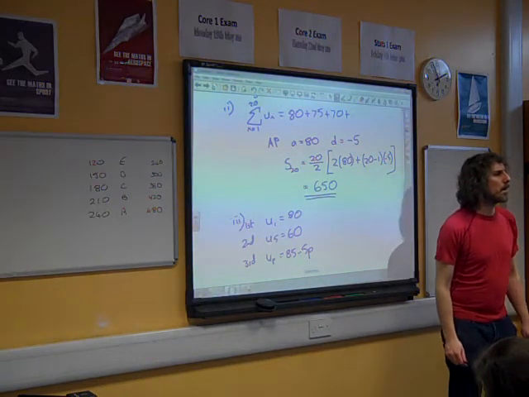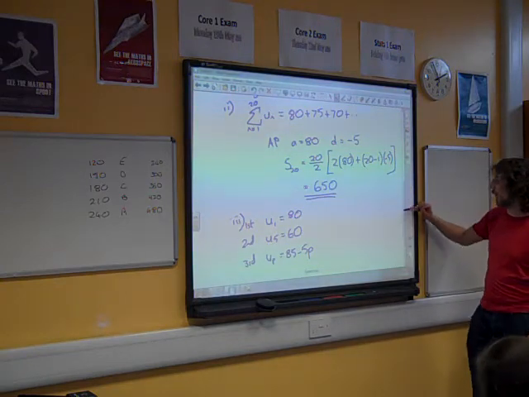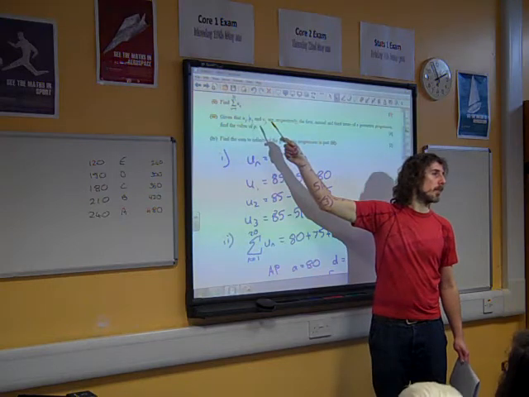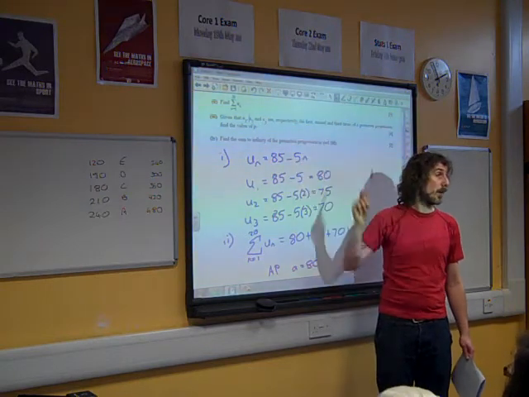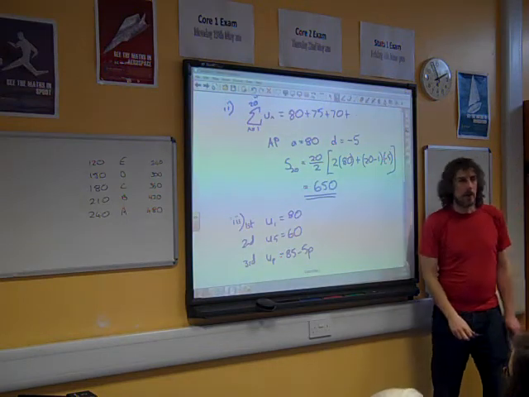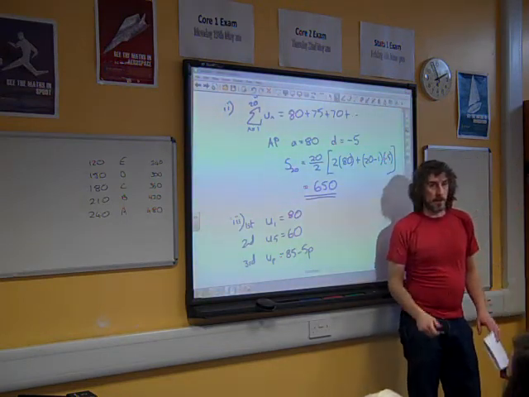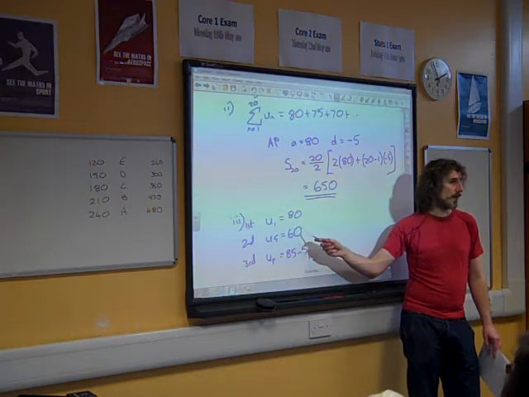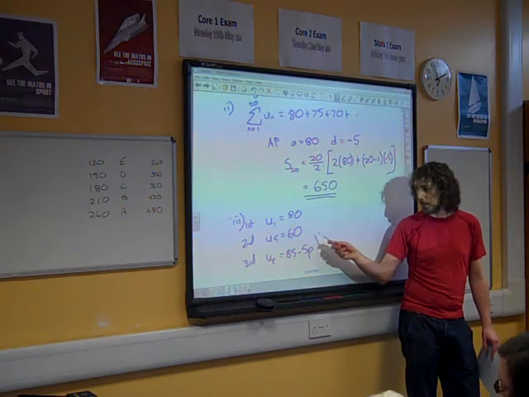Yeah? And where's the U5 come from? The question said that U1, U5 and Up are the first, second and third terms in our GP. Now, if they're in the GP, it's the first, second and third terms, that means the number that you multiply that one by to get that is the same as the number you multiply 60 by to get that.